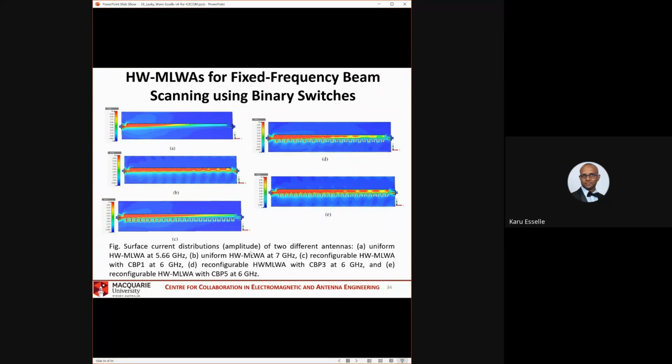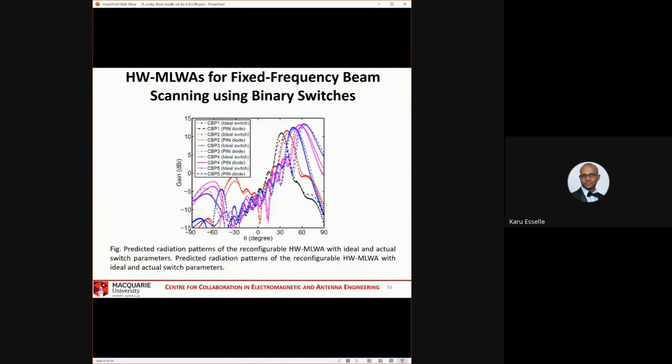Now we change to other patterns. This is complete binary pattern 3, and this is complete binary pattern 5. At the same frequency, you don't change the frequency now. The same antenna, same frequency, the only thing we change is the complete binary pattern, between 1, 3, and 5.